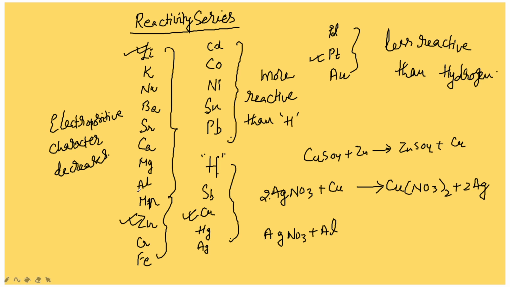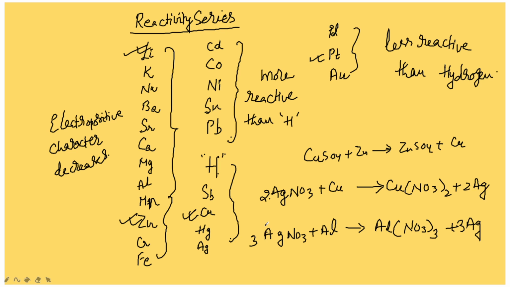Aluminium is above hydrogen only, so obviously it will displace silver. So what will happen? Aluminium nitrate forms. Not balanced, so 3Ag. Okay, so like this only the displacement reaction takes place.